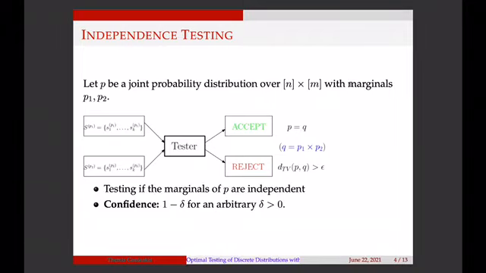Again, the goal is to output accept when P is equal to the product of its marginals, and reject when P and the product of its marginals are at least epsilon far apart from each other. Again, we want to solve this for an arbitrary confidence 1 minus delta, which means that our error probability delta is also arbitrary.